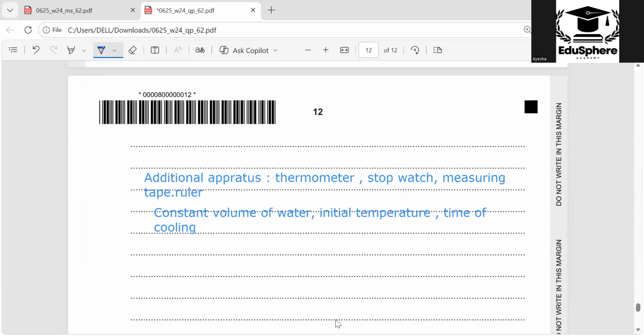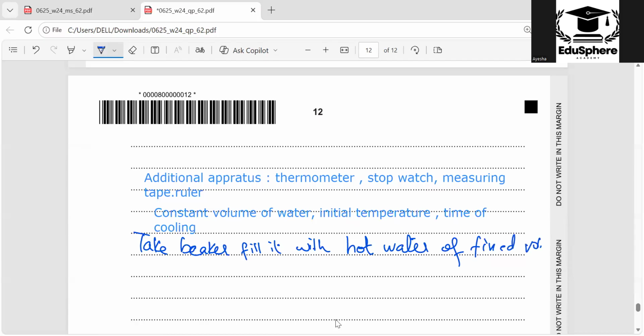This is what we have to write: take a beaker, fill it with hot water of fixed volume. And then we say that note the initial temperature. This should be the first step.